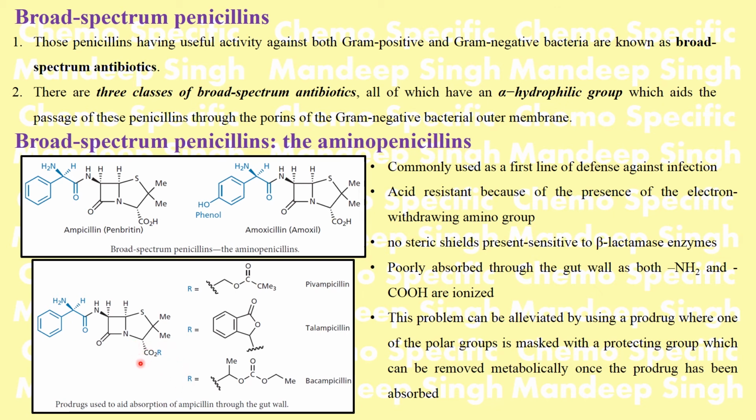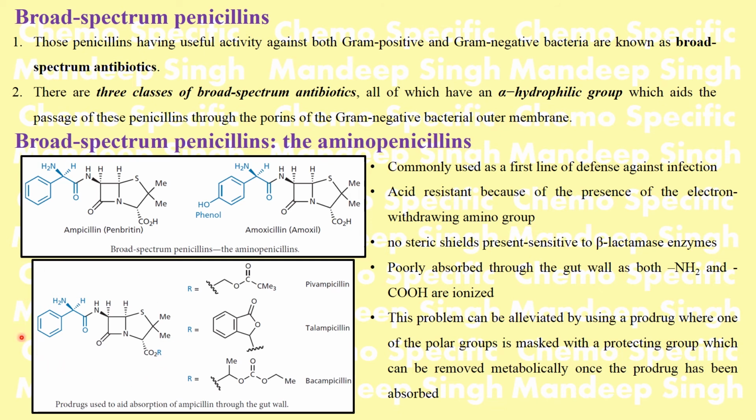So what you do is take this acid and protect it as an ester. Here you have different variations of the R groups. As soon as this drug is absorbed by the gut wall, it undergoes hydrolysis to produce the free carboxylic anion, which is absolutely necessary for it to act the way it does.